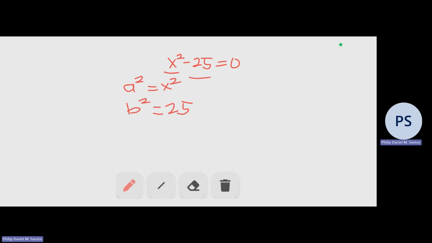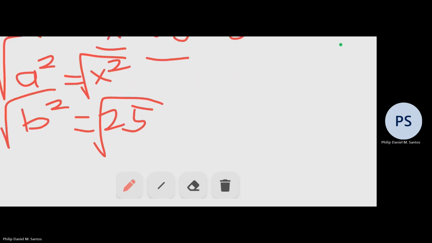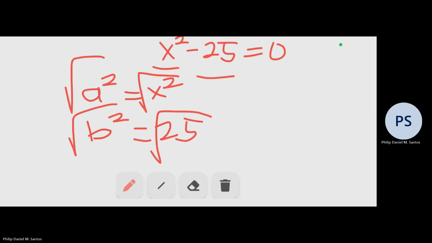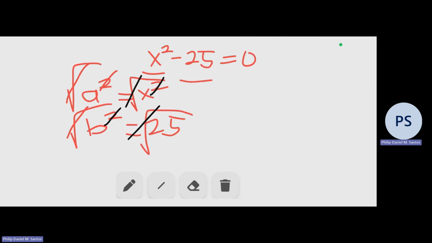We just need to get the square root of both sides here. So square root of this, square root of this. So remember, square root and squares cancel out. So this, tatanggal lang sila.